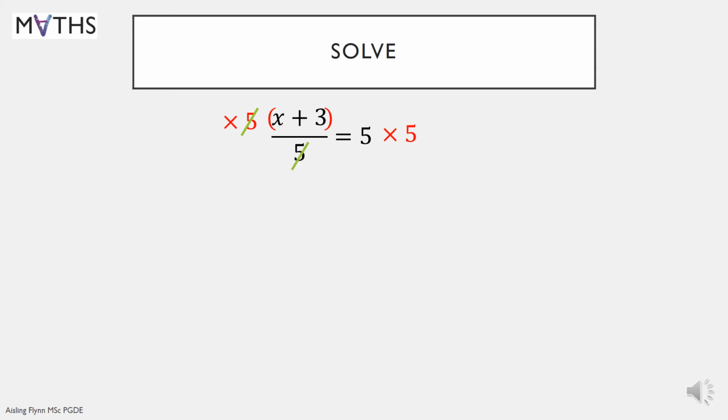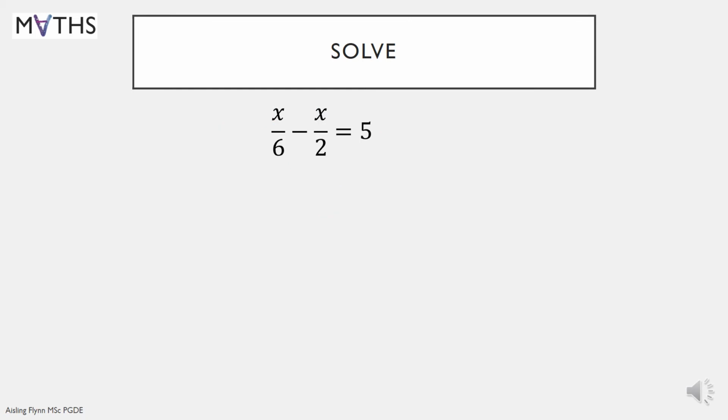And on the next line I have just x plus 3 equals 25. Something we can do easily. Take 3 from both sides. Okay, and x is 22.